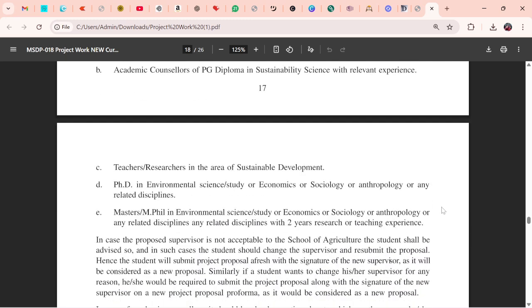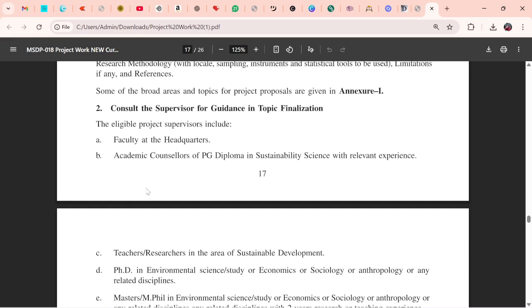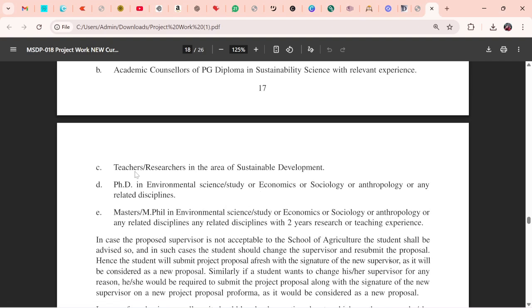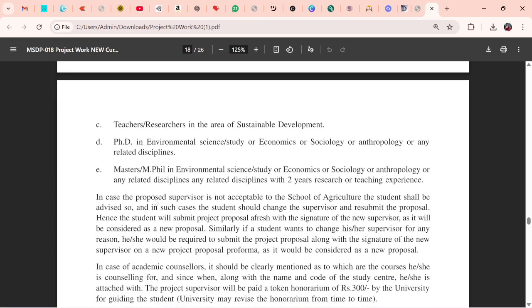What are the qualifications? It is given here. He must be an academic counselor of PG diploma in sustainability science with relevant experience, and PhD in environmental science study or economics, sociology, anthropology, and any related disciplines. Master's or MPhil in environmental science study or economics, sociology, anthropology, and others with 2 years of research and teaching experience.